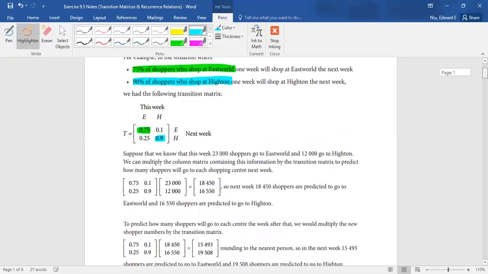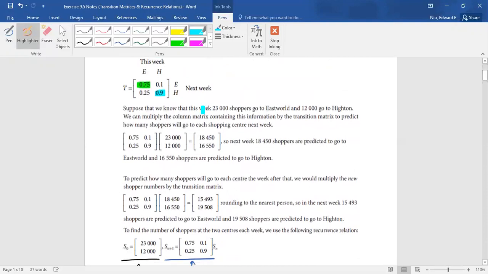Now, suppose that we know that this week there are 23,000 shoppers that go to Eastworld, and 12,000 who go to Highton.